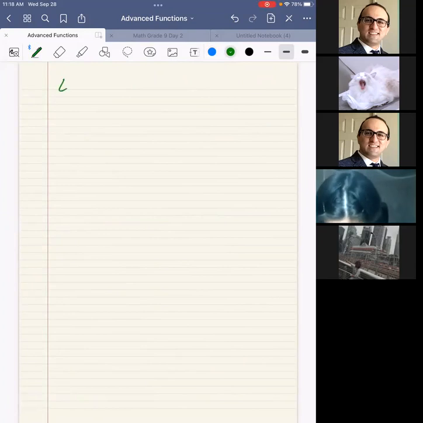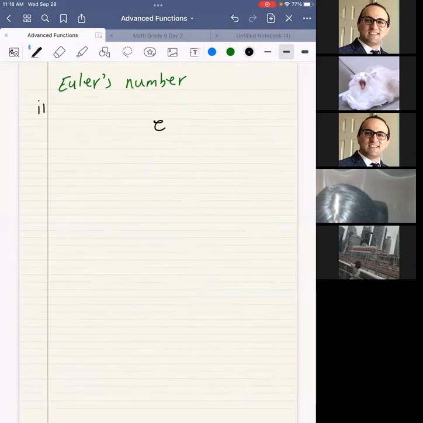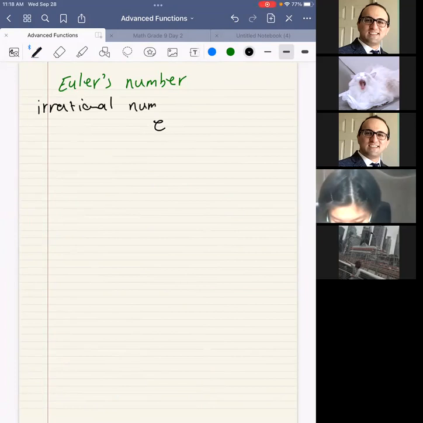Euler's number e is an irrational number and its value is something between 2 and 3.